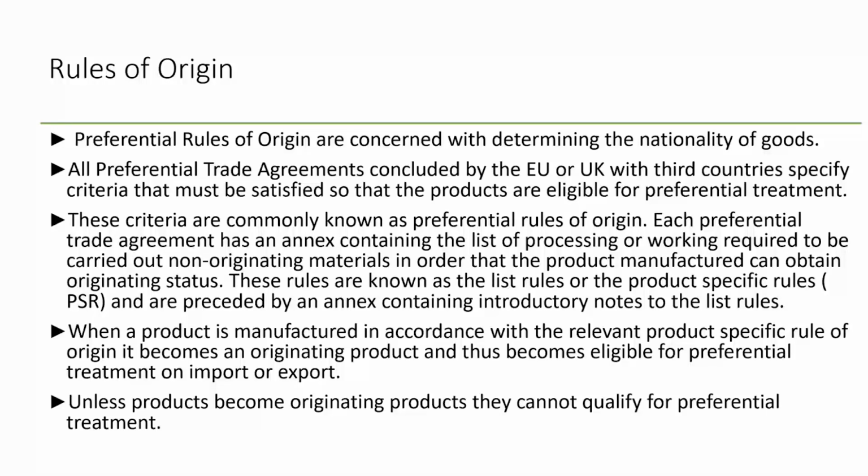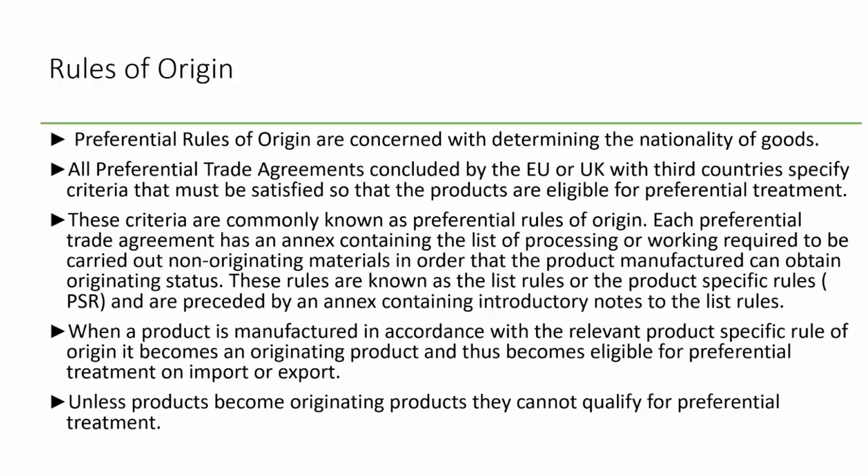So I'm substantially transforming that, and I want to claim EU origin. I'm going to imagine I'm going to take those goods and ship them from Northern Ireland to Canada. I would be looking up the rules of the UK-Canada agreement, and I would be looking up the product-specific rules under that trade agreement to see what do I need to meet, right?